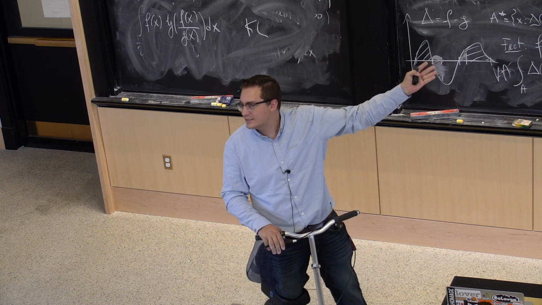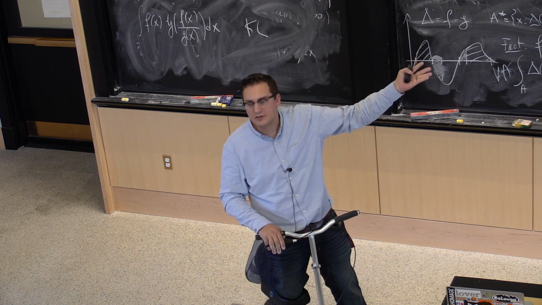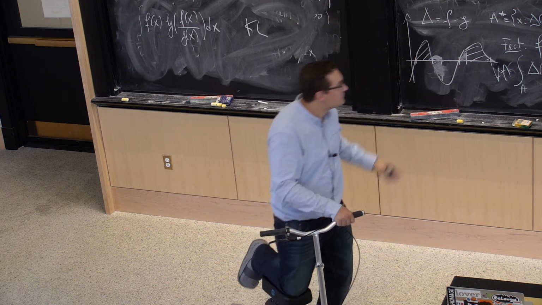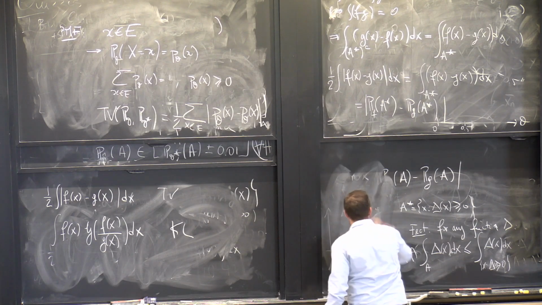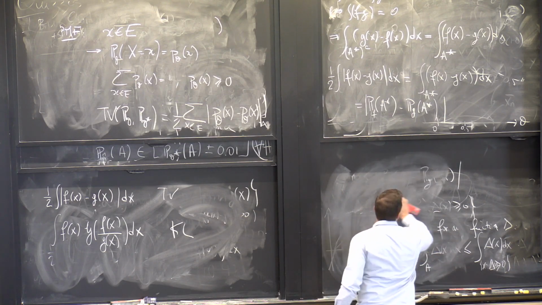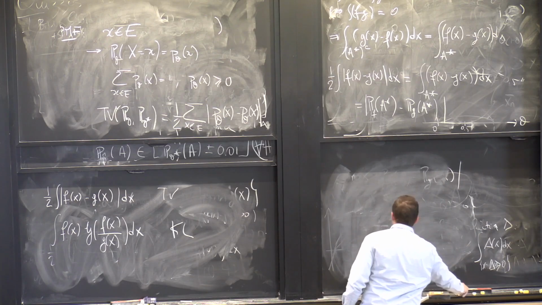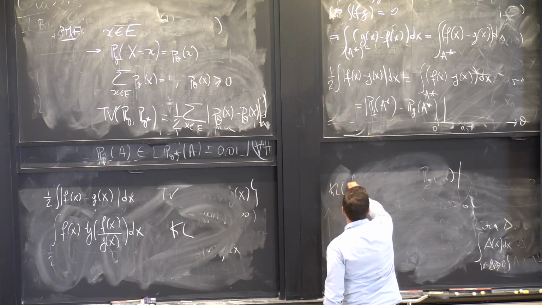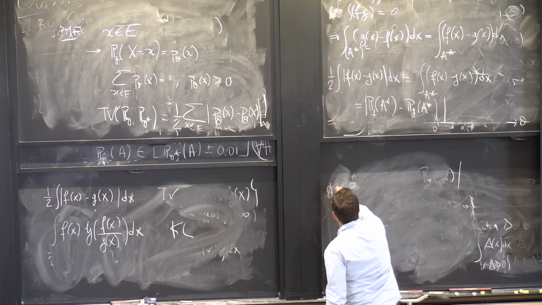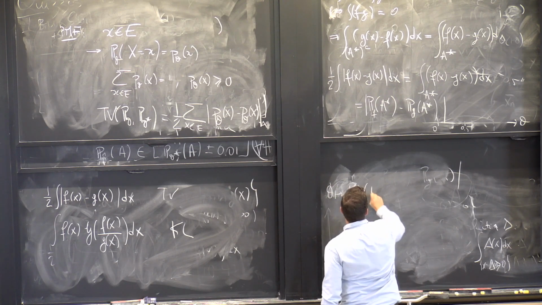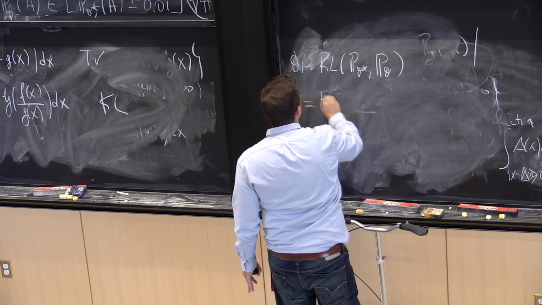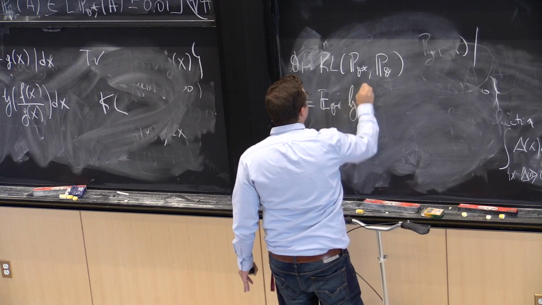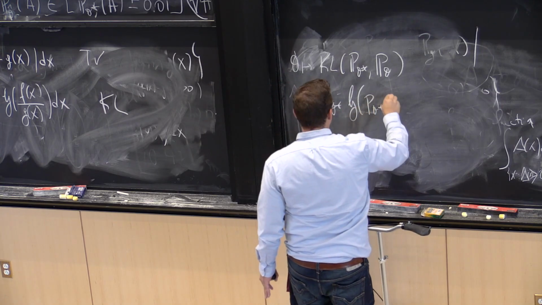If I change theta, this thing is never going to change. It depends only on theta star. So if I look at the function theta maps to KL of p theta star and p theta, it's of the form expectation with respect to theta star of log of p theta star of x.